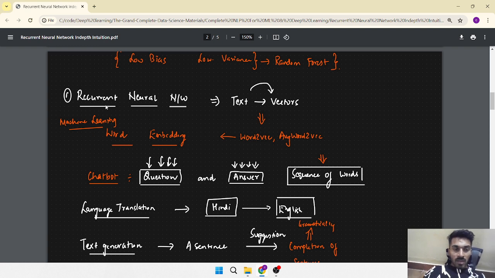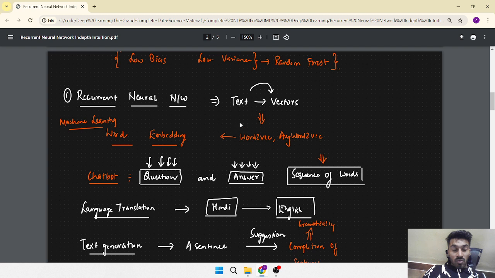Now we will see how RNN works. In RNN or any model, we know that the model can't understand English, so we have to convert the text into vectors so that the model can understand. Vectors are basically a mathematical representation of our text.